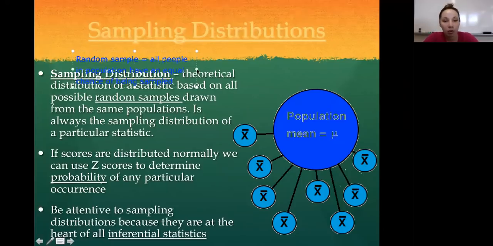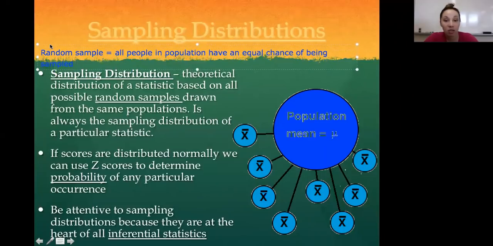So a random sample is one in which every person in the population has an equal chance of being sampled for the study. So random sampling is really hard to do. It's difficult to randomize our sampling conditions, so it's not always done. However, this is kind of the holy grail. This is what we strive for.